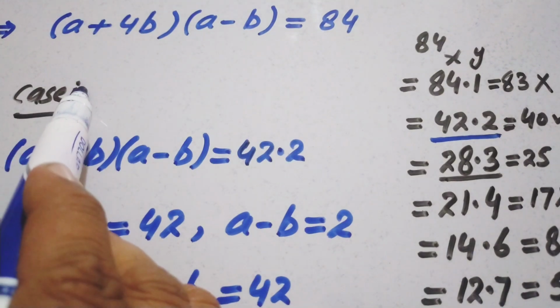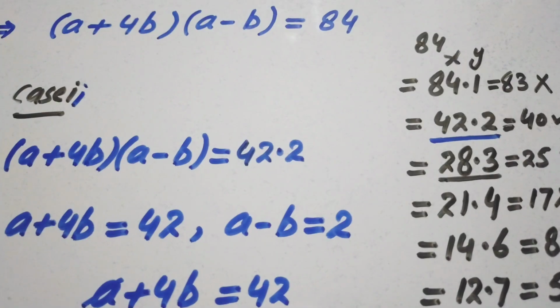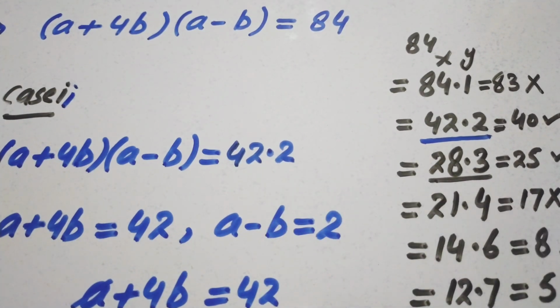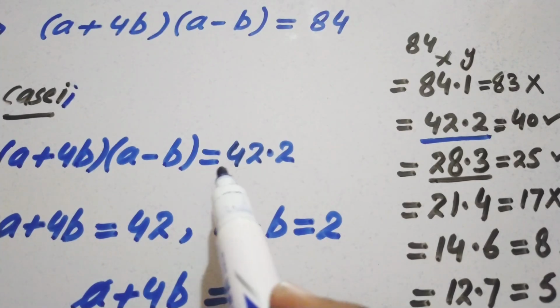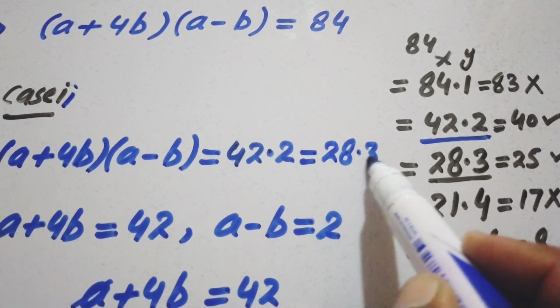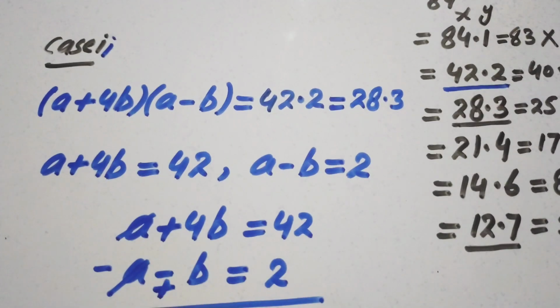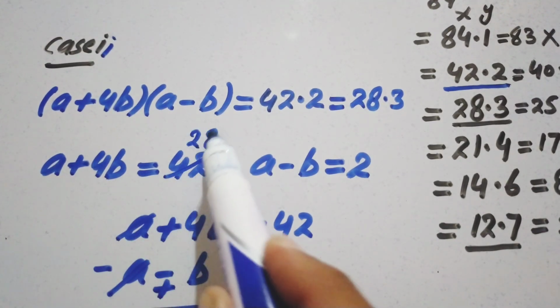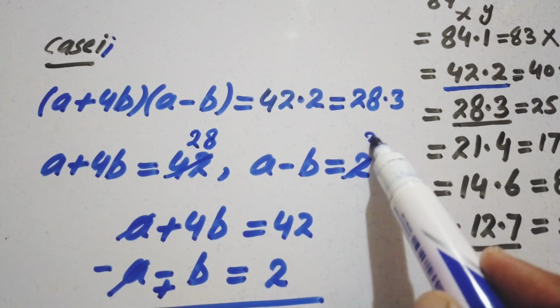Now in the second case, we will write 84 as 28 multiplied by 3, where a plus 4b is equal to 28 and a minus b is equal to 3.